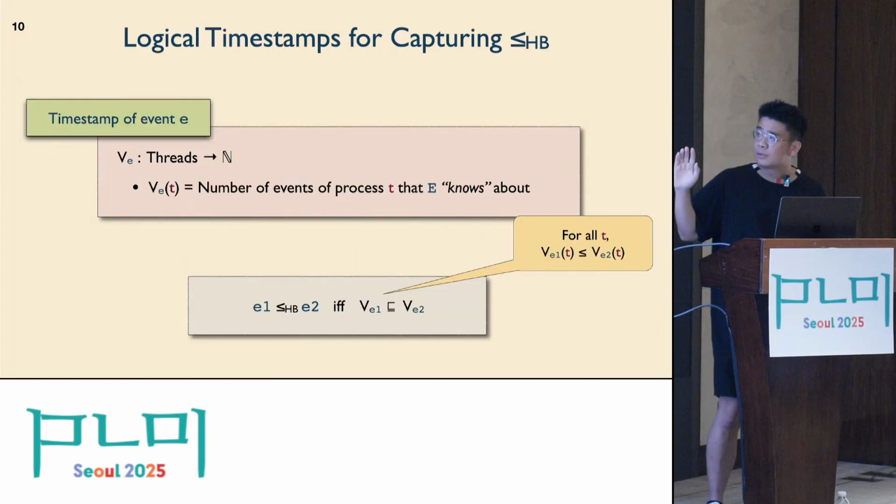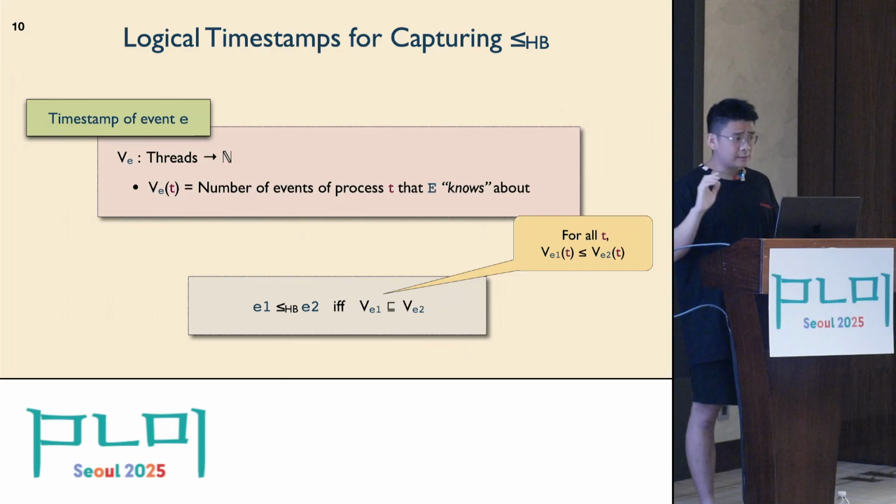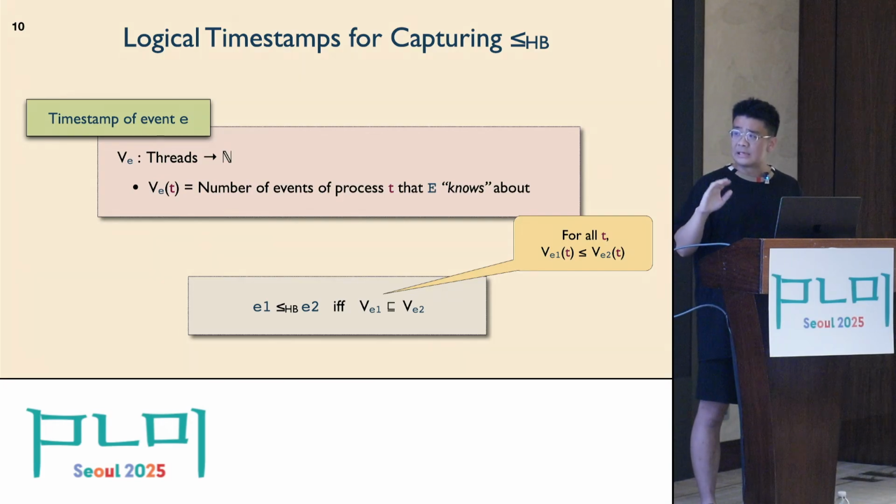Okay, so the vector clock algorithm works by assigning every event a timestamp. The timestamp stores the knowledge of the event about how many events happen before this particular event E from each thread. In some sense, it's like the number of events E knows.